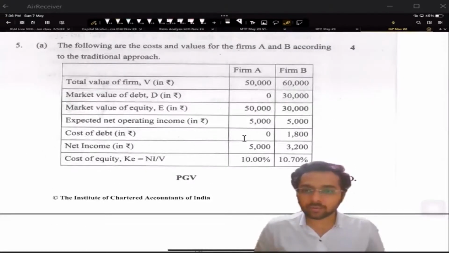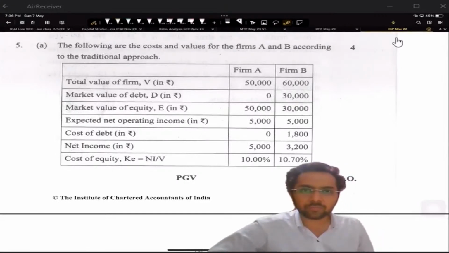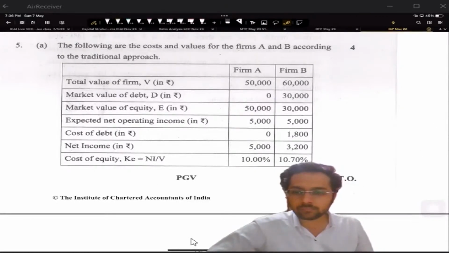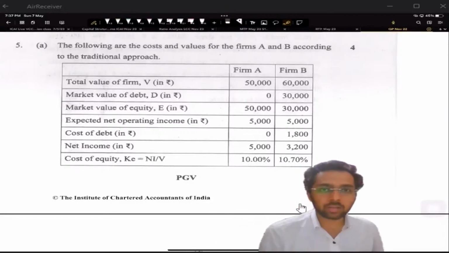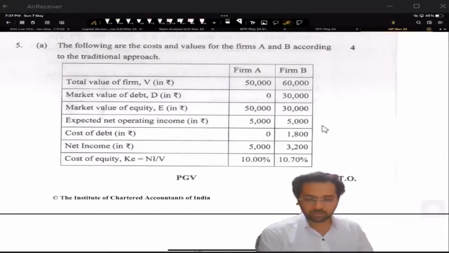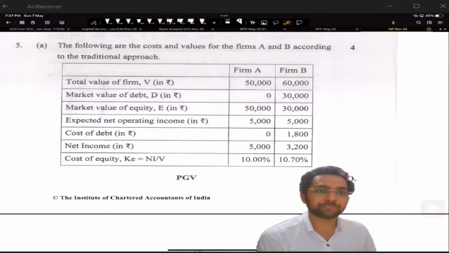Chapter 5. Is it? I think that's the cost of. Is it same as this? Okay, it's a financing decision after cost of capital. Okay, I'll do that, Himanshu. Once I complete this question, I'll definitely do that.